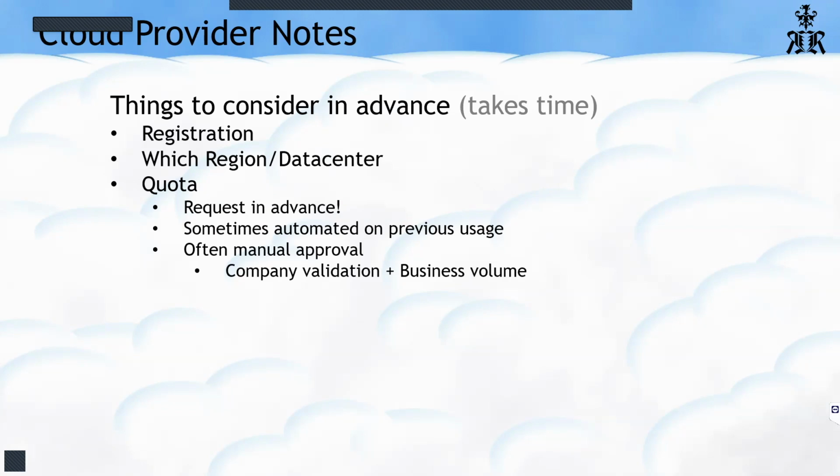I requested 1,000 machines one week after I joined the cloud provider, and then I got an audit, and they called me. I had to validate that I am a business and not a person. Sometimes they want some proof of your business volume. So if your company has a lot of cash flow, then you can order more VMs.